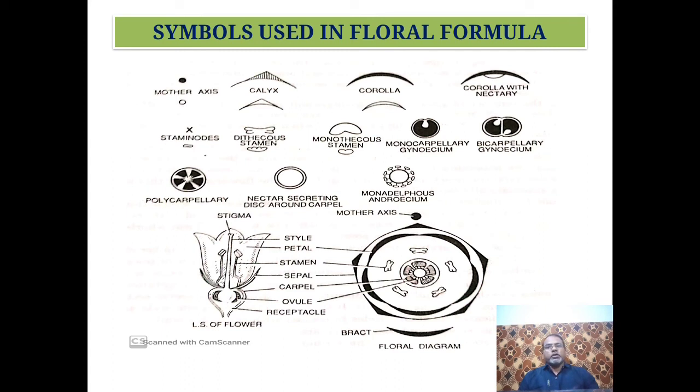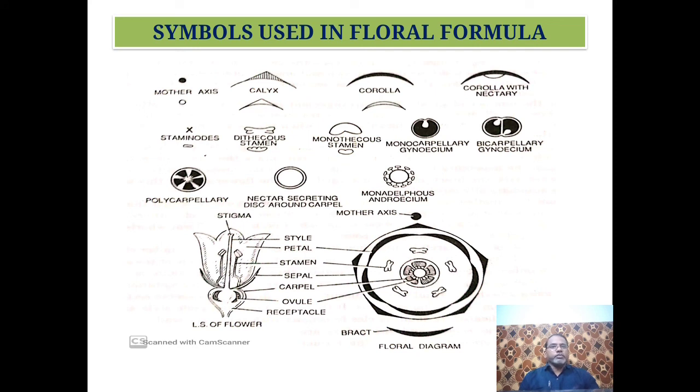Cross symbol or 0 represents the staminodes. Bilobed structure represents the dithecous stamen and unilobed structure represents the monothecous stamen. Number of circles with number of ovules and their position represent the carpel.